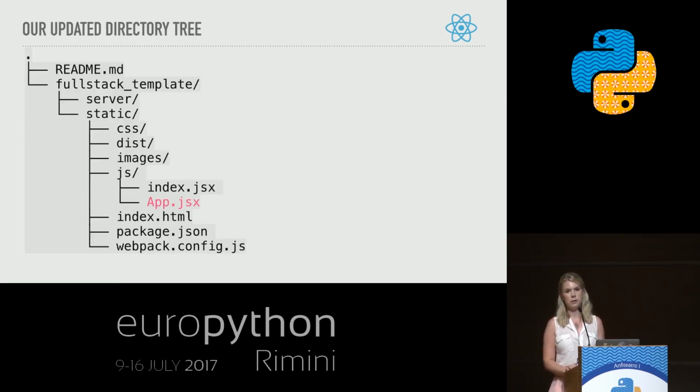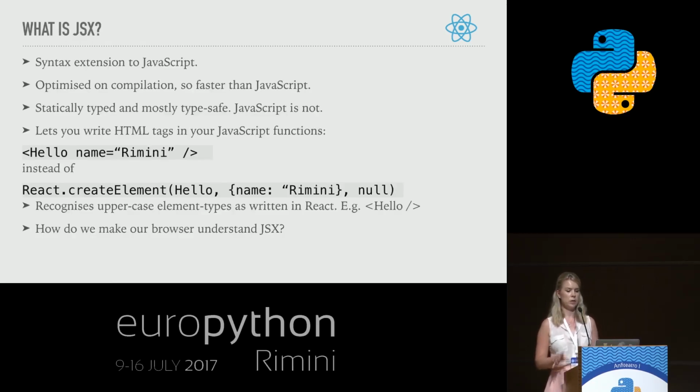This is where our new file ends up, in the JavaScript directory next to the index file. Now, what is JSX? It's effectively a syntax extension to JavaScript. It means that you can use XML and HTML tags in your JavaScript code, and you can use your custom classes directly in your JavaScript code.